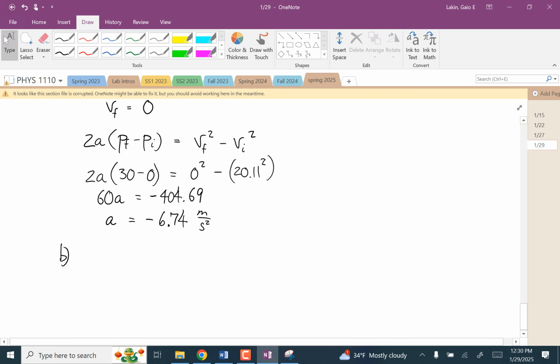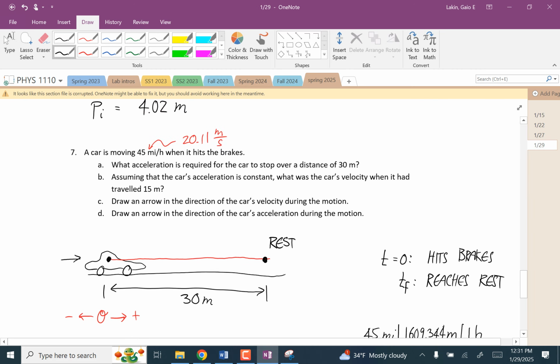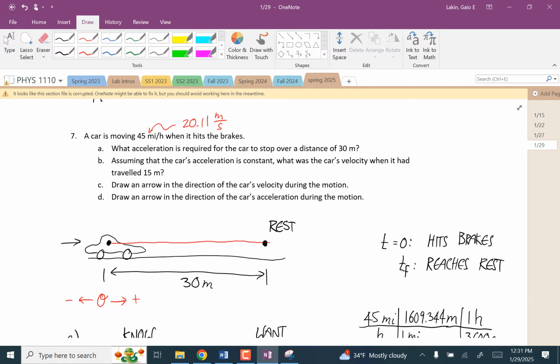And that's because if any question asks about a specific instant, that has to be one of your two instants. And we didn't choose a time equals 0 or a time final at the instant when the car had traveled 15 meters, okay?